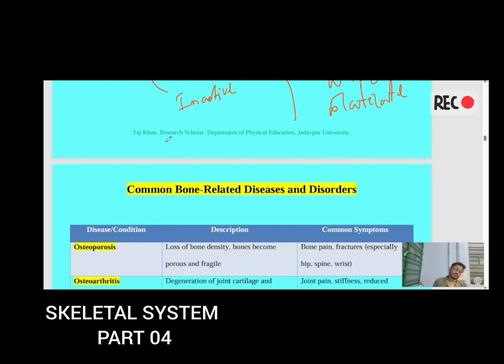Now, if a human has a bone, then a human also has common related diseases. What are the diseases which are very much related with the bones? This type of disease and disorder mainly comes in the various examinations.